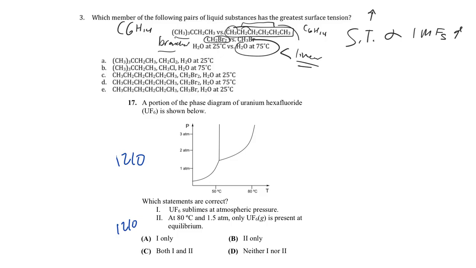Water has such a weak surface tension at 125 degrees C, it can't even hold itself together as a liquid. At 100 degrees C, you're breaking the surface of the liquid just by virtue of being at the temperature because the sample's boiling. As we approach the boiling point, you're breaking the surface of the liquid naturally without even having to apply an external force. So we're going to have the straight chain, CH2Br2, water at the higher temperature.